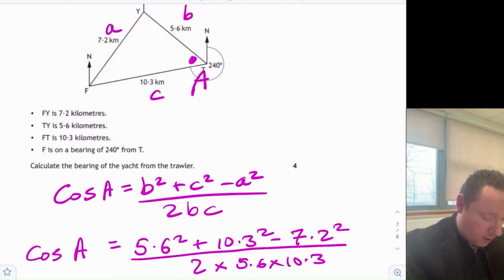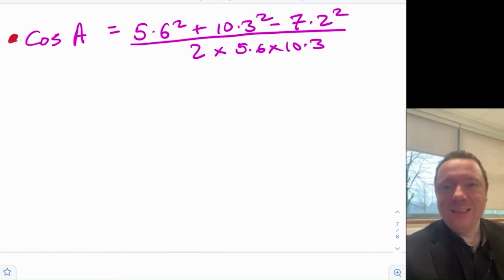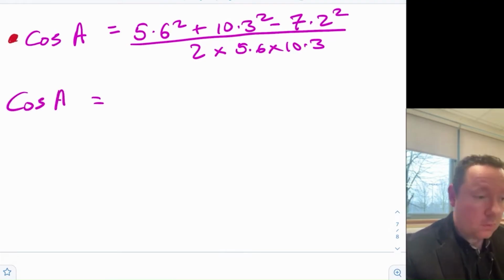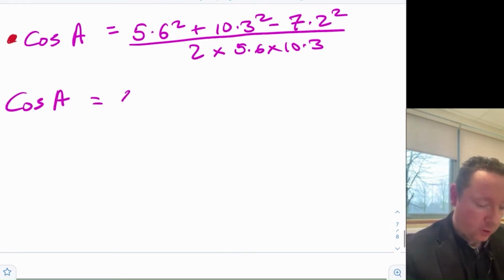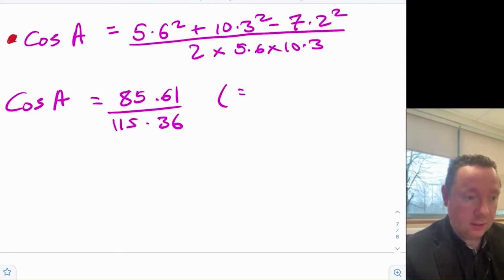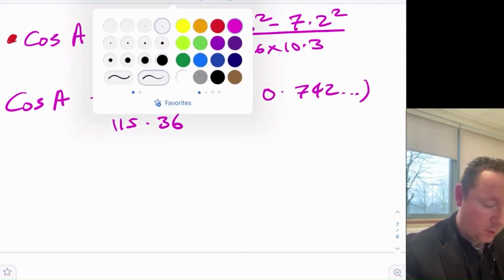So there's a mark right there. For our next mark, we work out that cos A is equal to 85.61 on the top over 115.36, or leaving that as a decimal, something like 0.742. That gives us our second mark.